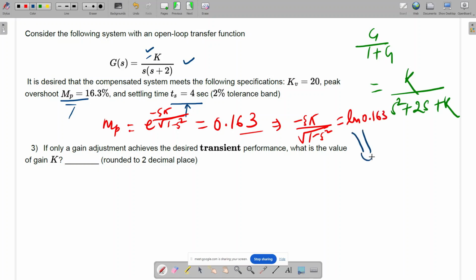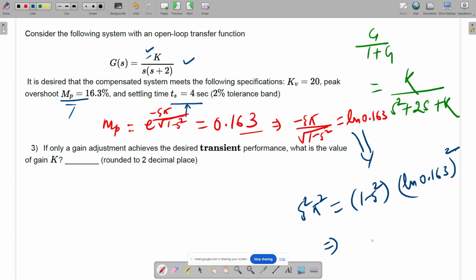So from here we can find the value of zeta. We can square both sides. So zeta square pi square is equal to 1 minus zeta square times ln 0.163 whole square. Moving terms, zeta square into pi square plus ln 0.163 whole square is equal to ln 0.163 whole square.